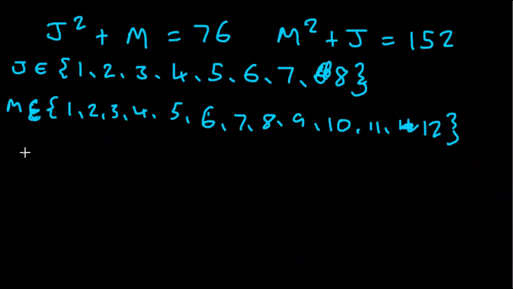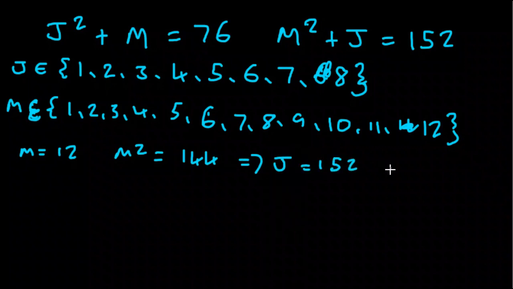It turns out if we take M equals 12, so we're just trialing this, M squared is equal to 144, and that implies that J is equal to 152 minus 144, and that is 8.